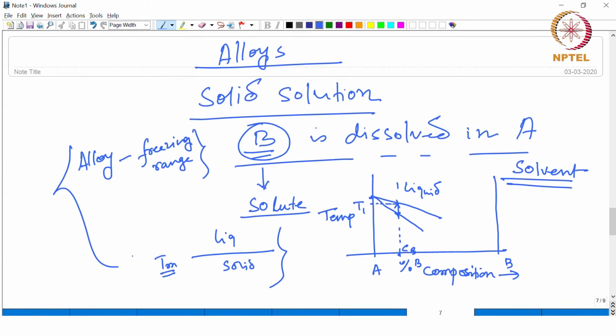Okay. So, let us try and understand as to what are those conditions in case of an alloy that lead to development of a dendritic structure.